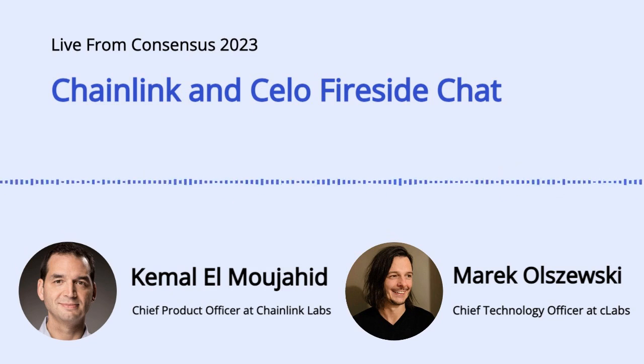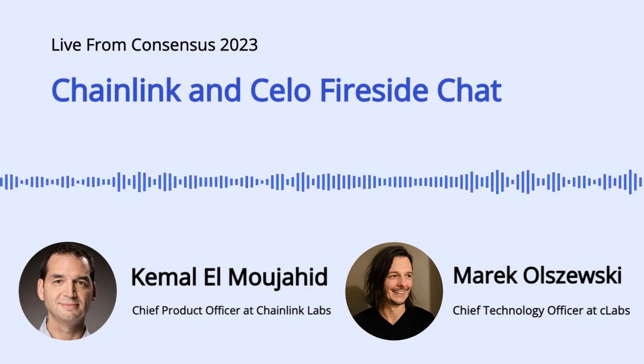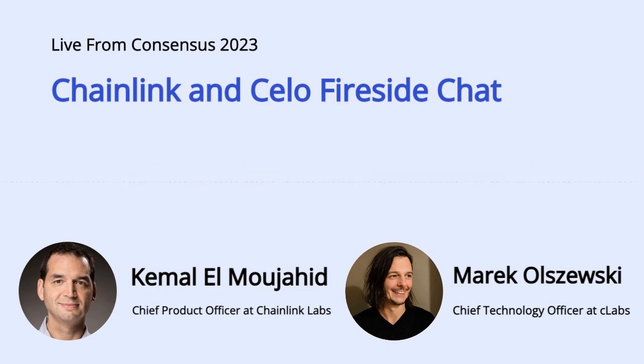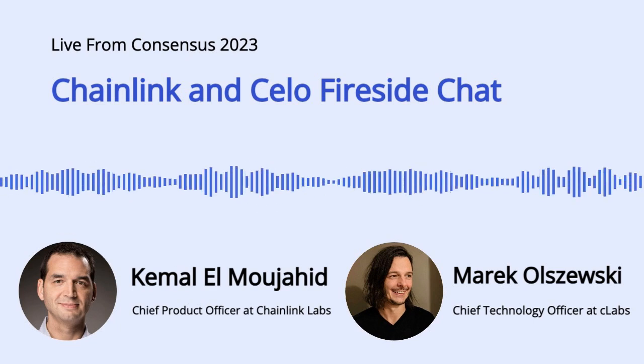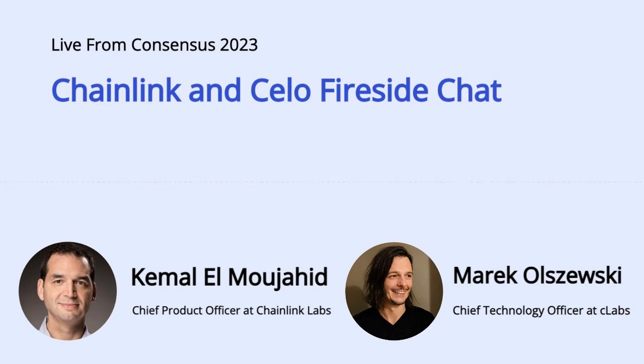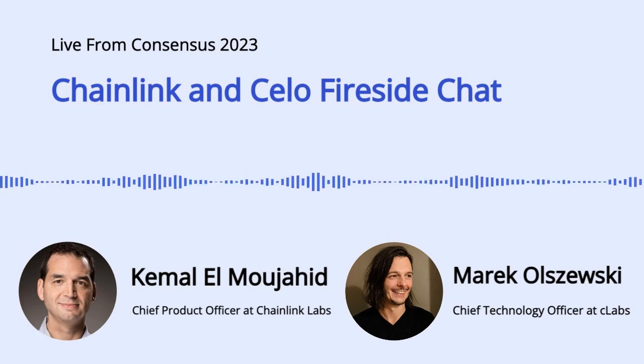We're very proud of all the amazing partners that we've been able to build this standard with. Just to give you an idea of the order of magnitude, I believe we're getting close to $8 trillion in value enabled in the last 12 months, which is pretty incredible. And so, yeah, we're excited to see what Celo developers are going to do with Chainlink services.